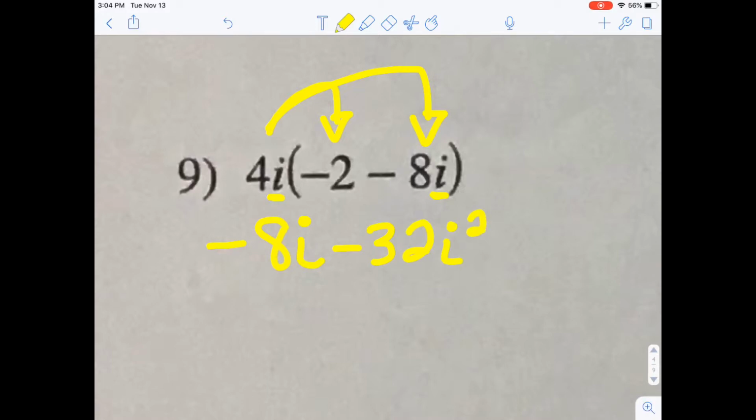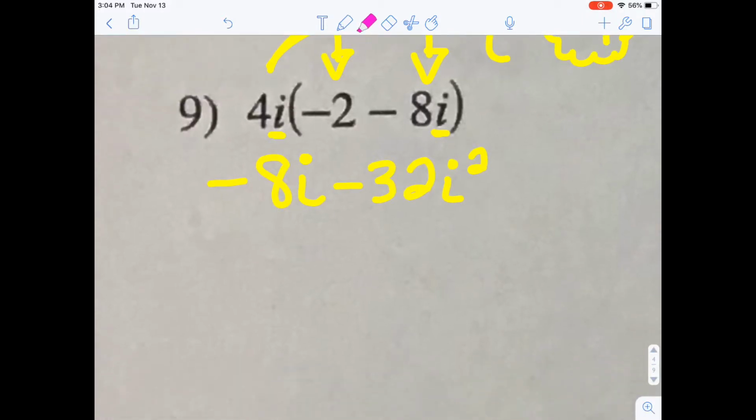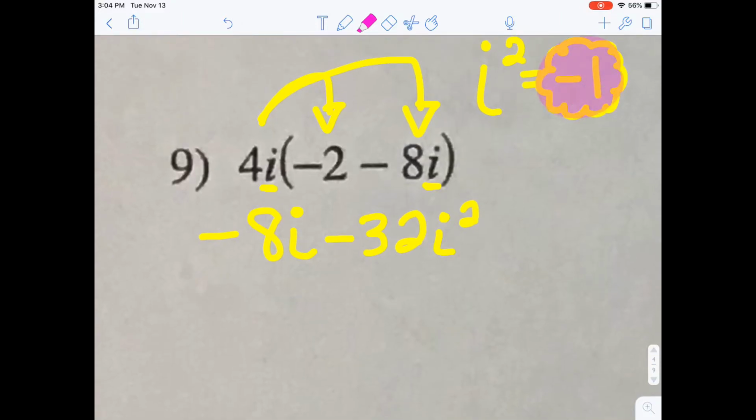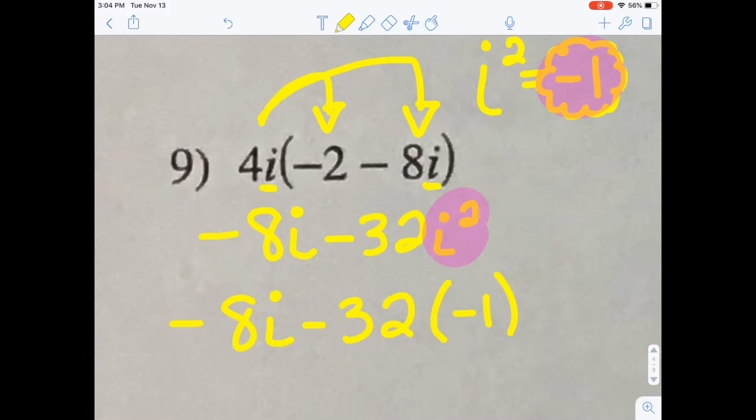Now when you're working with imaginary numbers, there's one rule that you need to know, and that is the value of i squared is actually -1. So what we can do is substitute the value of i squared for -1. It would look like this: -8i minus 32 times -1.